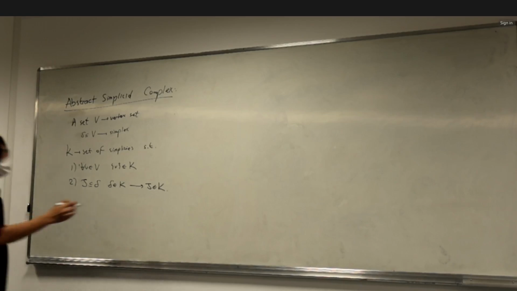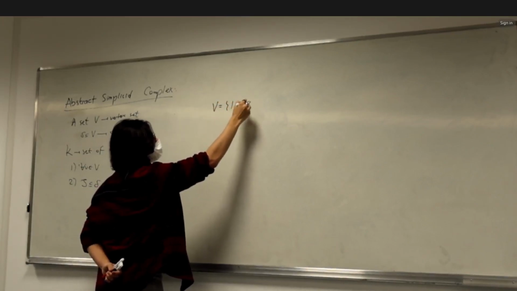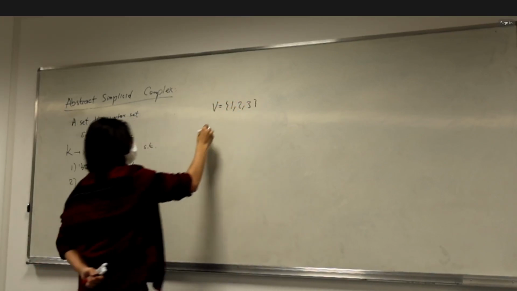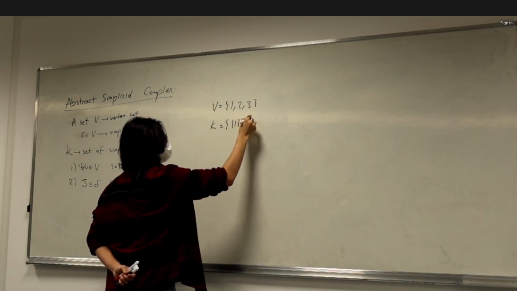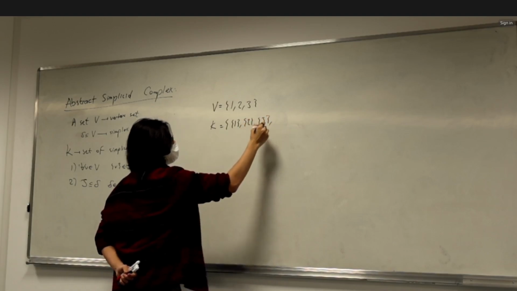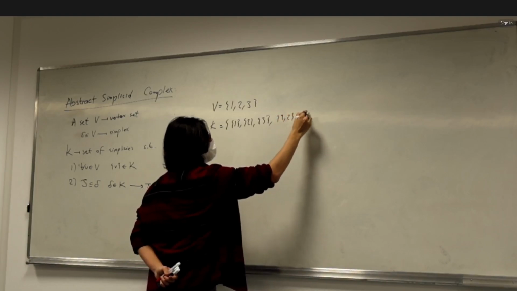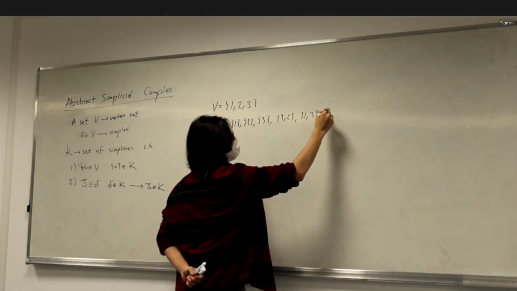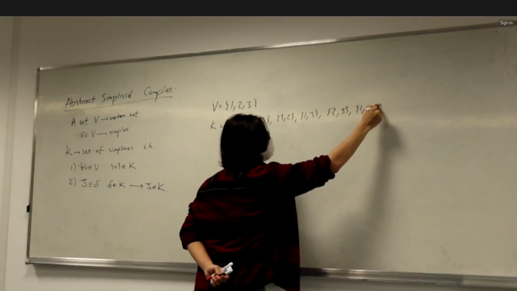As an example, for instance, we have V = {1, 2, 3}, and we can have {1}, {2}, {3}, {1,2}, {1,3}, {2,3}, and {1,2,3}.